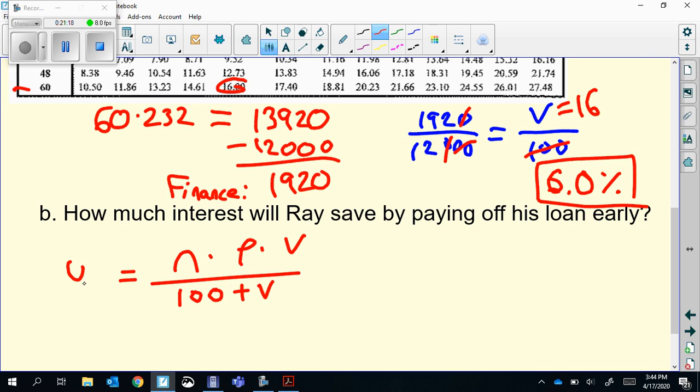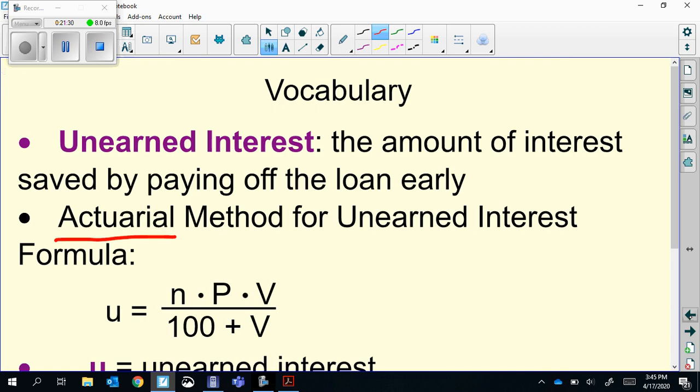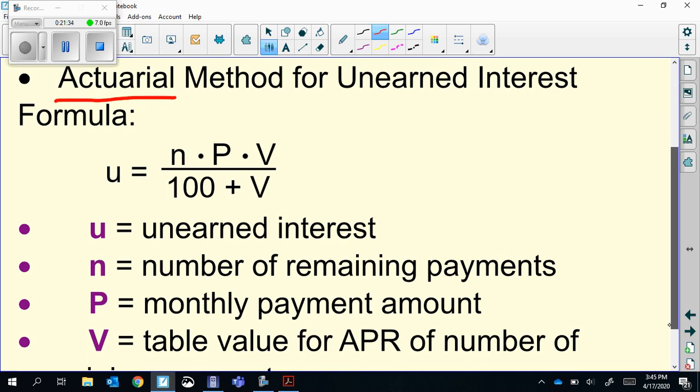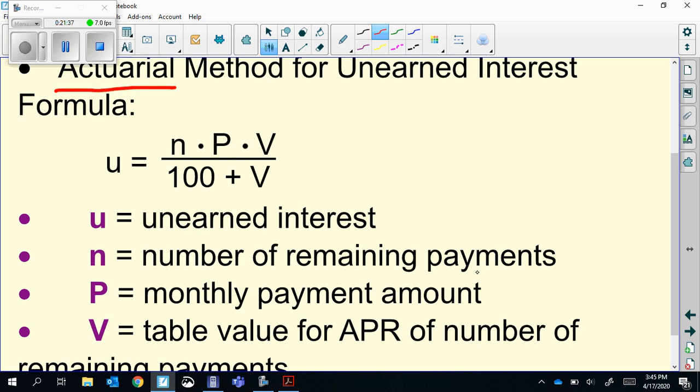So the unearned interest is the amount of interest that Ray's going to save. So now we're looking at N, and if we go back and look at these definitions, N is the number of remaining payments. P is the monthly payment, we know that much, and V is table value from the number of remaining payments.